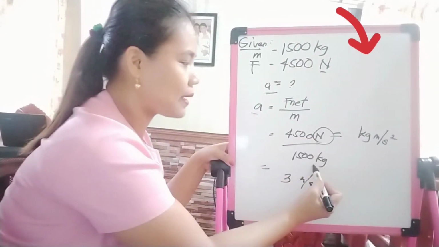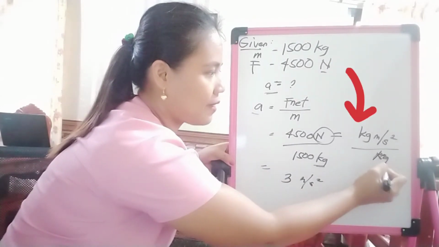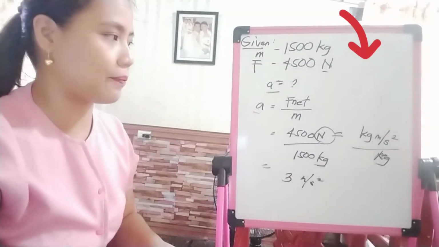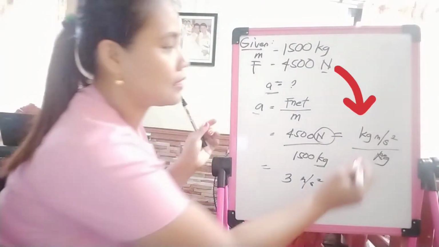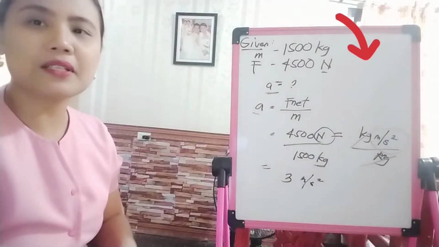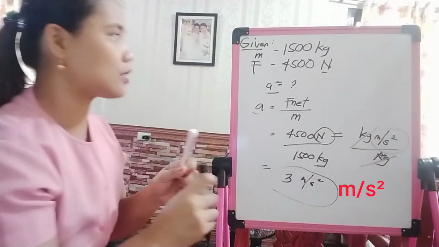The unit of mass is kilogram, then you have to divide kilogram meter per second squared divided by kilogram. So you have to cancel kilogram and kilogram, then you have meter per second squared. So our unit is meter per second squared.